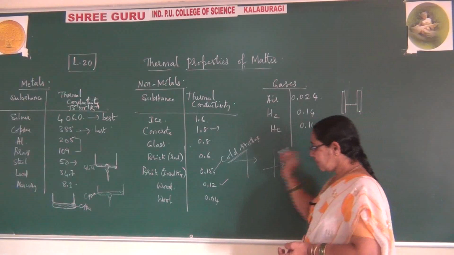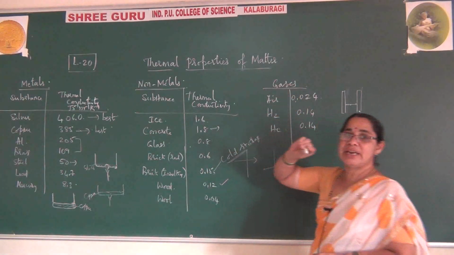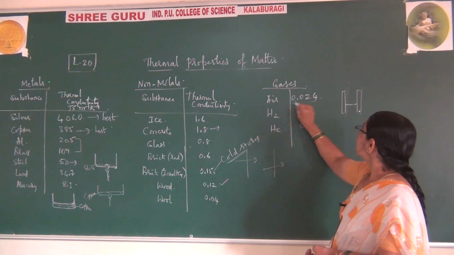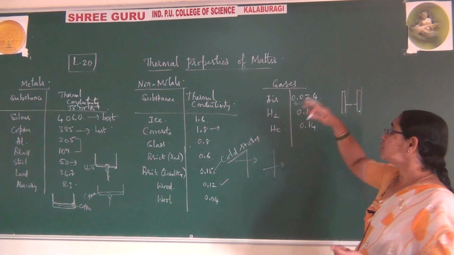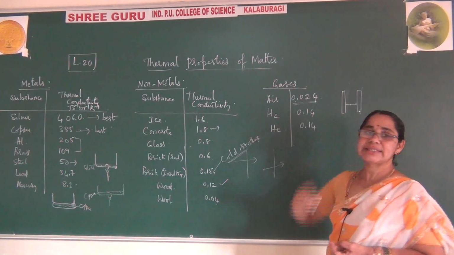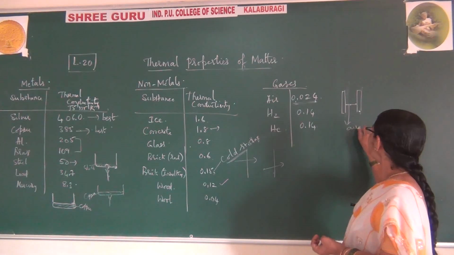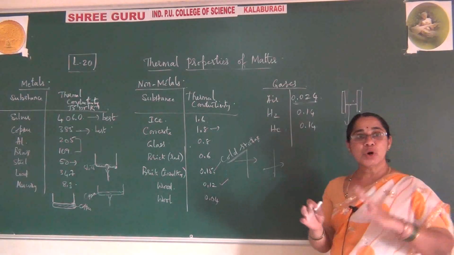Hence this air is a bad conductor of heat, having only 0.024 joules for 1 second. That is, in 1 second this much amount of heat is conducted here, due to which we prefer to use air in between the two walls.